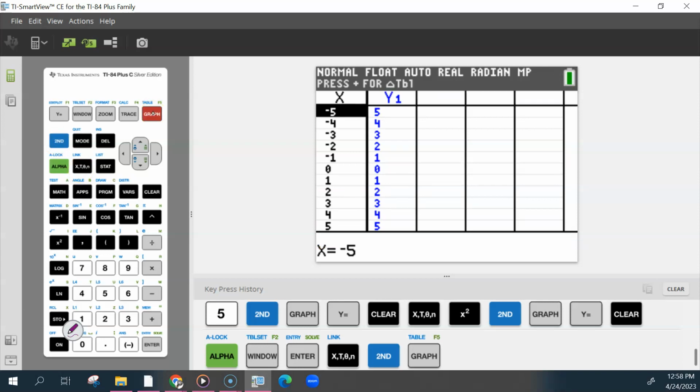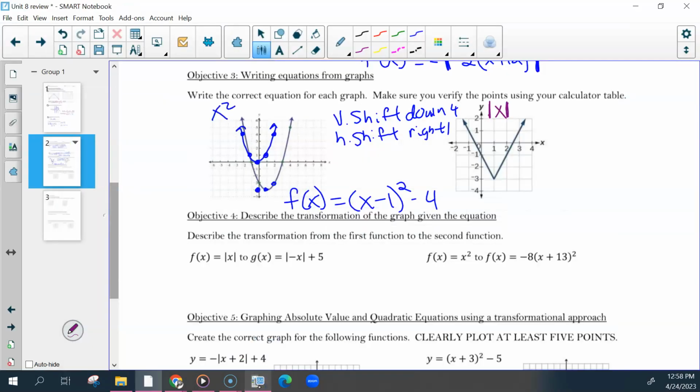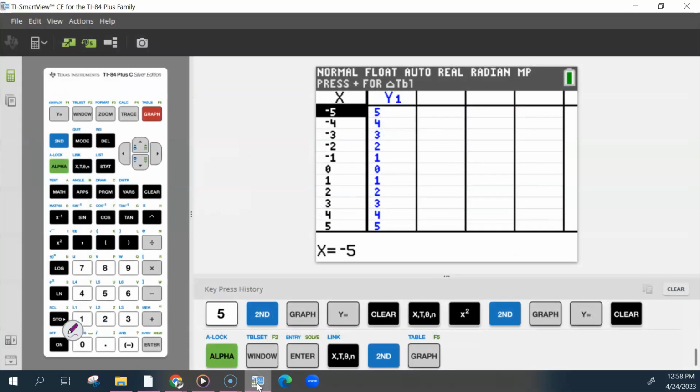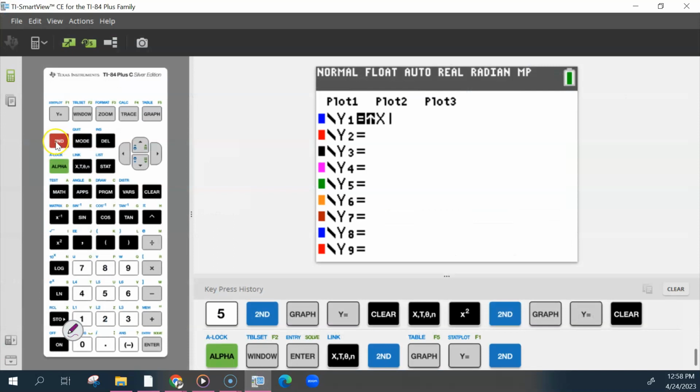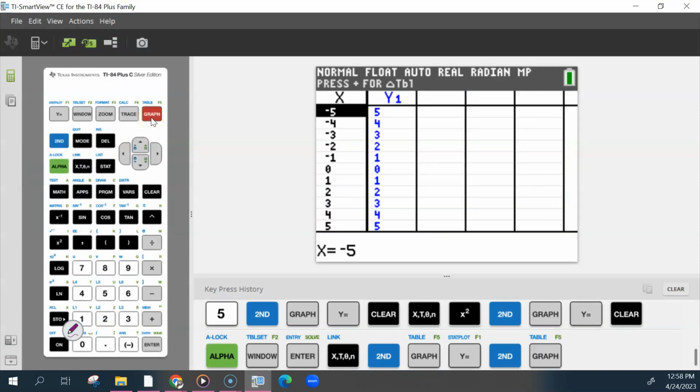It starts off the same at 0, 0, goes 1, 1, negative 1, 1, and then it keeps going up 1, right 1, and up 1, left 1. So put this into your calculator, y equals, go into your table, and look at those values.